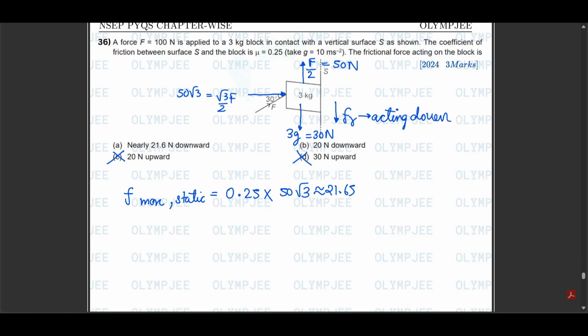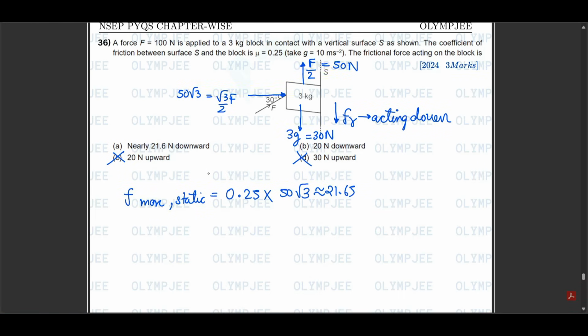Okay, so now we will calculate the friction force that is actually required to keep the body in equilibrium. We don't know if the body is in equilibrium or not, so we calculate the force we require to keep the body in equilibrium. If that is less than this, the body will be in equilibrium, and if that is more than the maximum static friction, then that won't be acting and we have to calculate the kinetic friction.